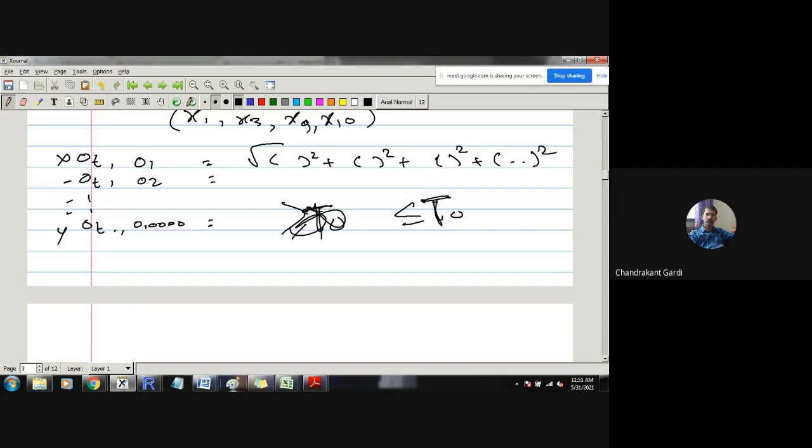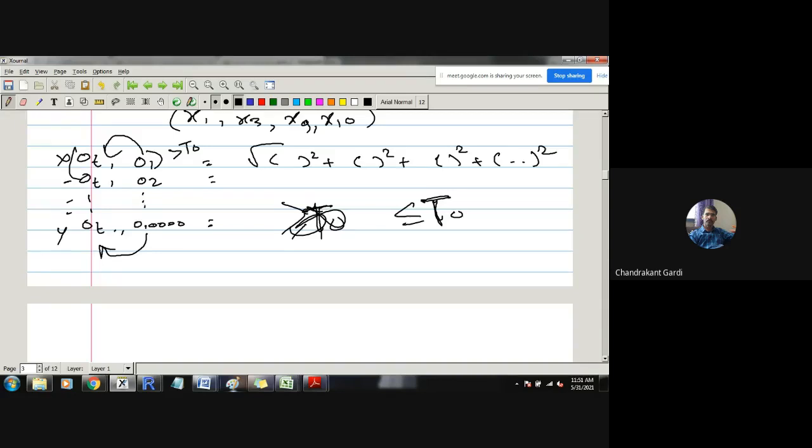They should be less than that threshold. So if this difference between OT and O1 is greater than t naught, then there is no chance that O1 can be called a neighbor of OT, and therefore we will skip that O1. We will not have any further calculation for O1. Similarly, if the difference is greater than t naught for O10,000, we will skip that observation.